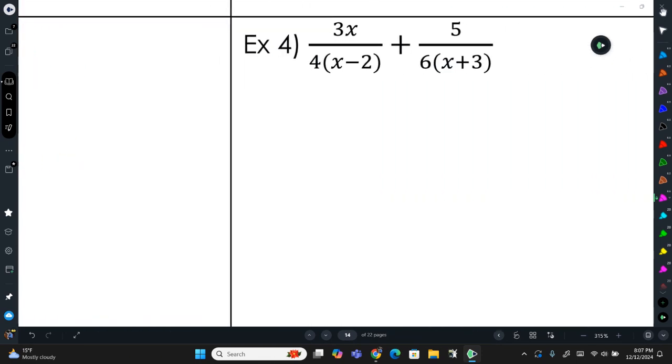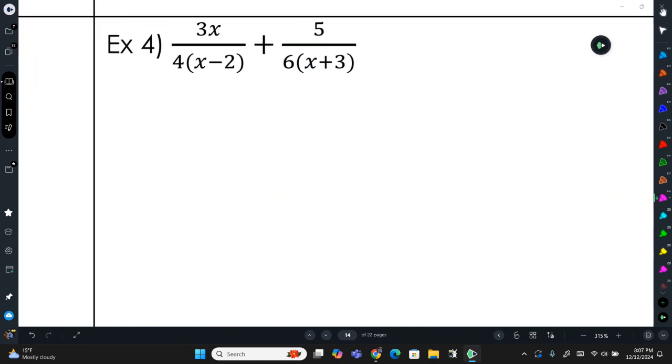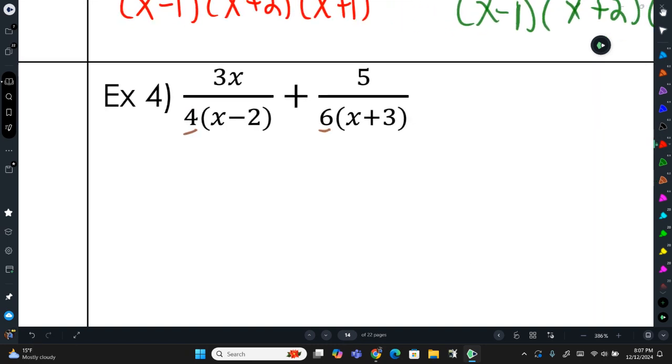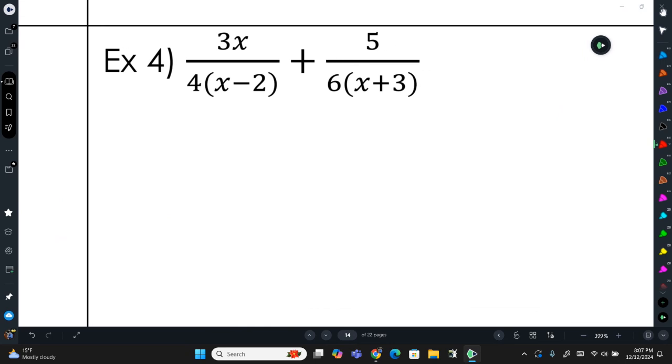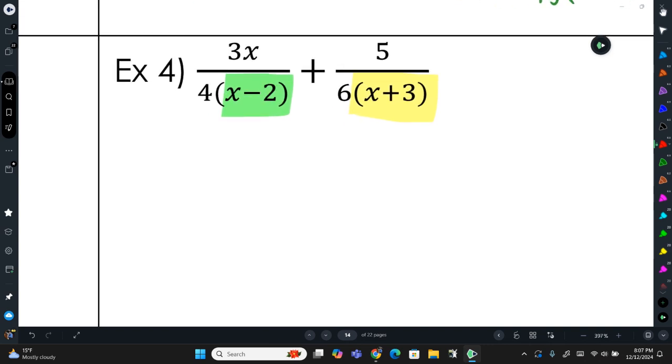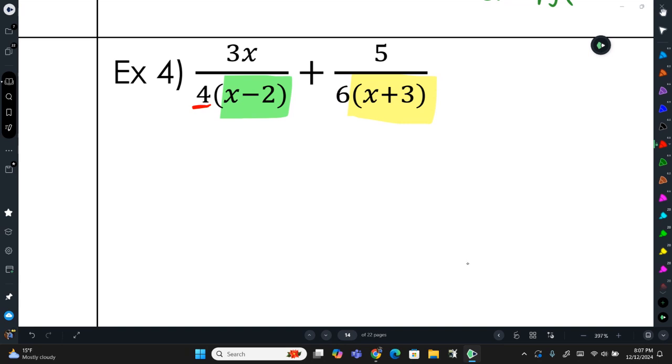All right. This problem here, we have numbers now, 4 and 6. Well, we can multiply. In this example, the x minus 2 is missing and the x plus 3 is missing, which means we do need to multiply the other fractions by those, but we also have a 4 in the first fraction and a 6 in the second fraction.